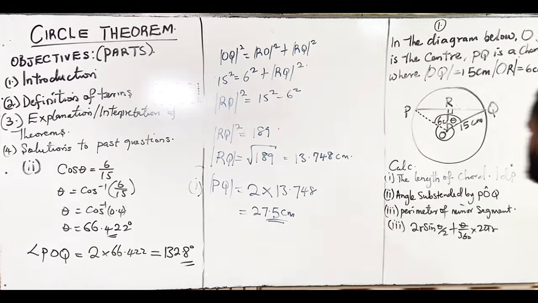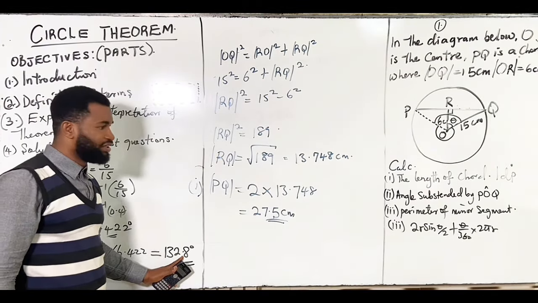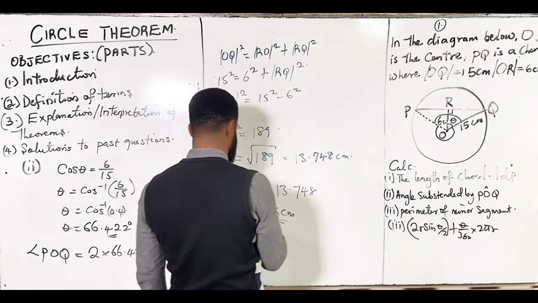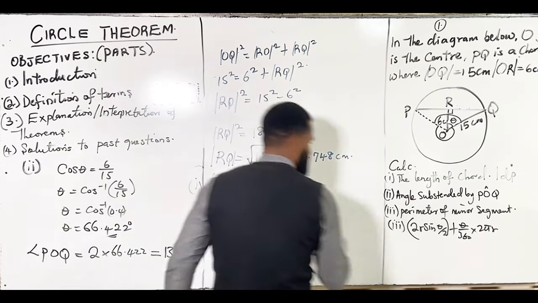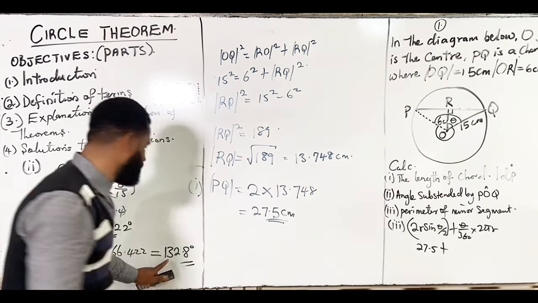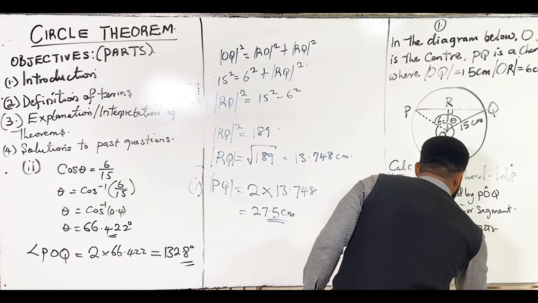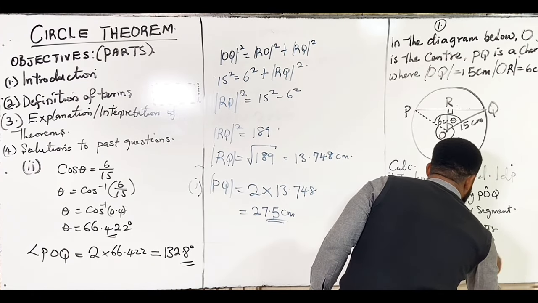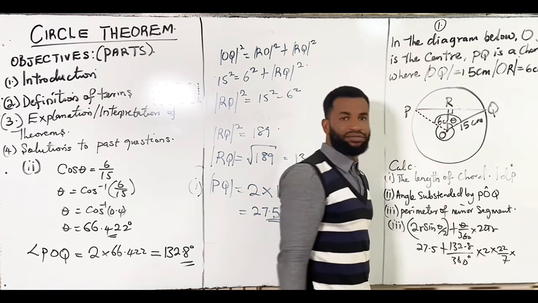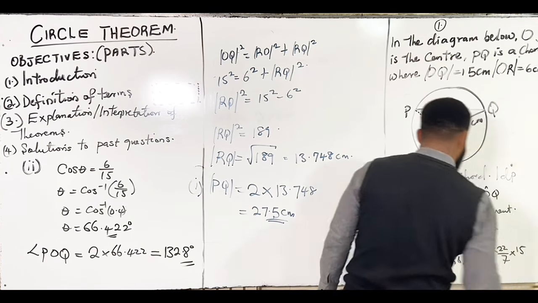All right, so in this case, remember our theta is 132.8, and the chord has already been found to be 27.5. So this is going to be 27.5 plus 132.8 all over 360 degrees times 2 times 22 over 7 times the radius. The radius is from the center to the circumference, and that is 15.